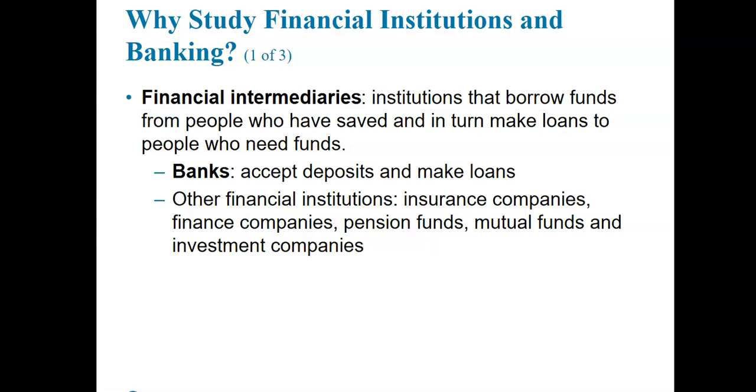We have other financial institutions. So we have finance companies, investment companies, we have companies that manage pension funds and mutual investment funds. Insurance companies can also be financial institutions, depending on the insurance company and what it does. For an example, some whole life insurance is a financial investment.